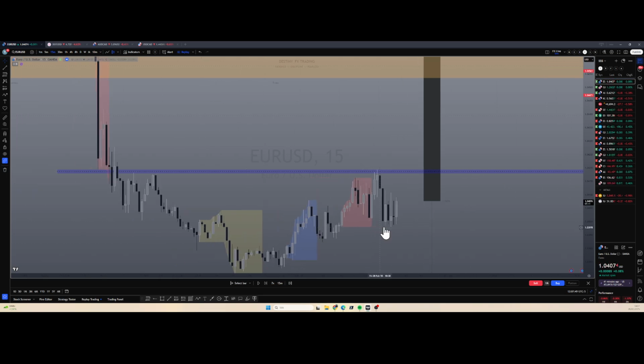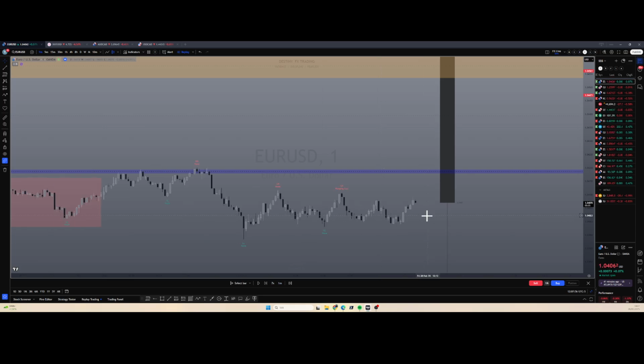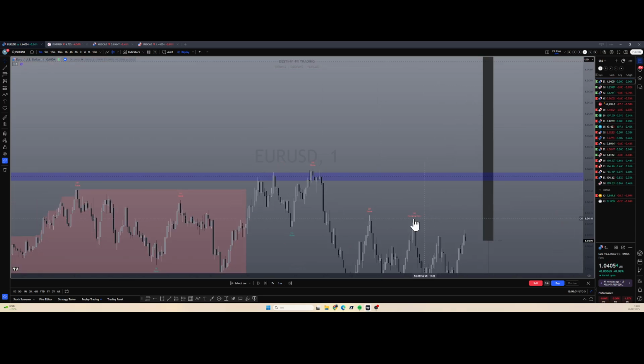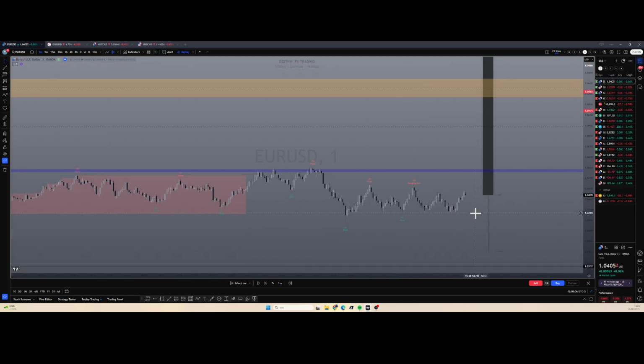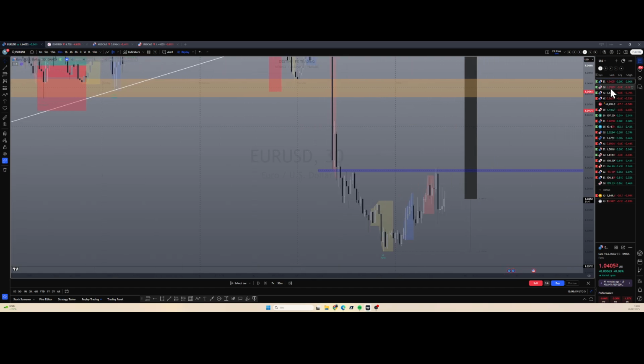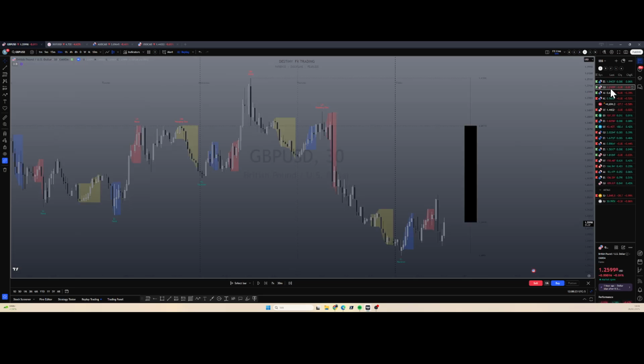So we have now closed below on the M15 and the H1. So yeah, we need to wait and see. We maybe want to sweep all of these highs and then see some bearish pattern. But yeah. That's basically it. GU should be more bearish, right?